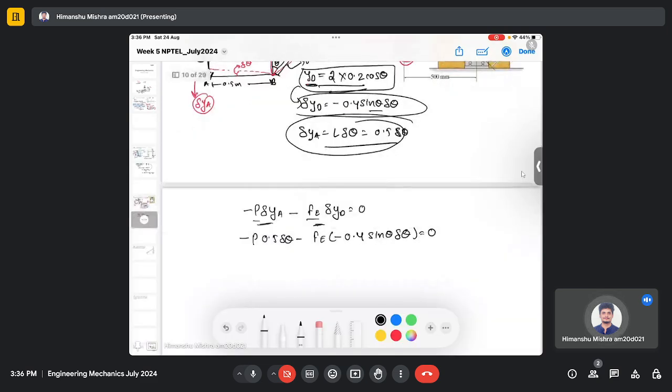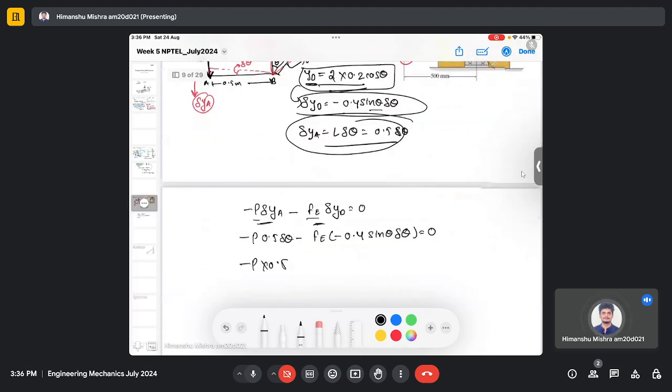Now when we simplify this, we will have P multiplied by 0.5, and P is given as 100 newtons. So it is 100 multiplied by 0.5, minus, which becomes plus, Fe 0.4 sine theta del theta equal to 0.